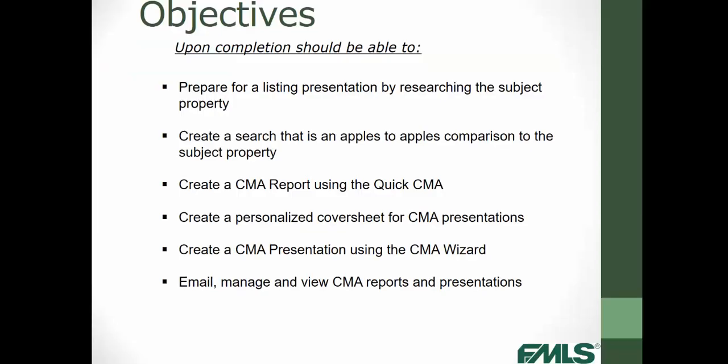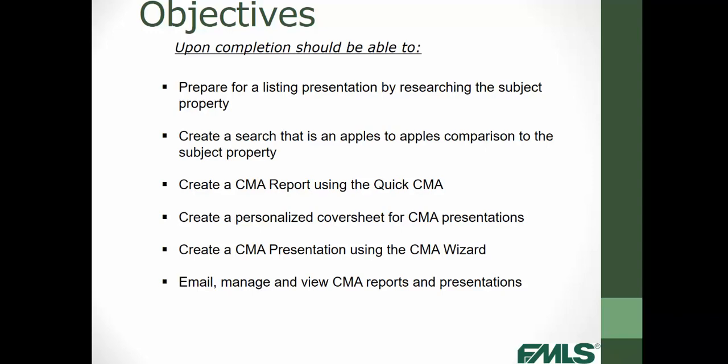So for instance, if I go back to our PowerPoint, I think we've covered everything now. We talked about researching the subject property. Remember the 3 places I told you to research. We talked extensively about creating a search that's apples to apples. We looked at the quick CMA as well as that stats. It's not on this objective slide, but we looked at the stats as well.